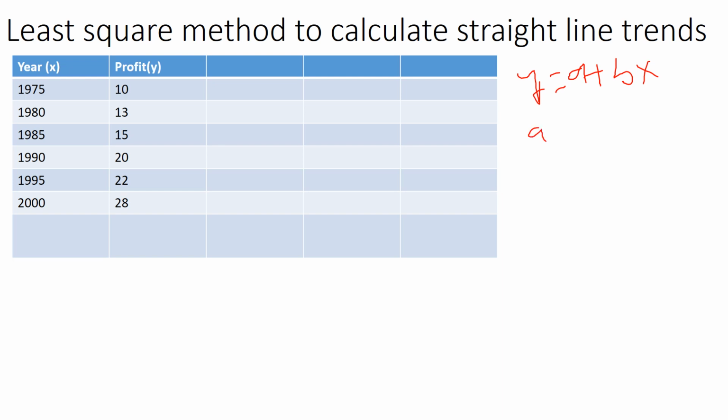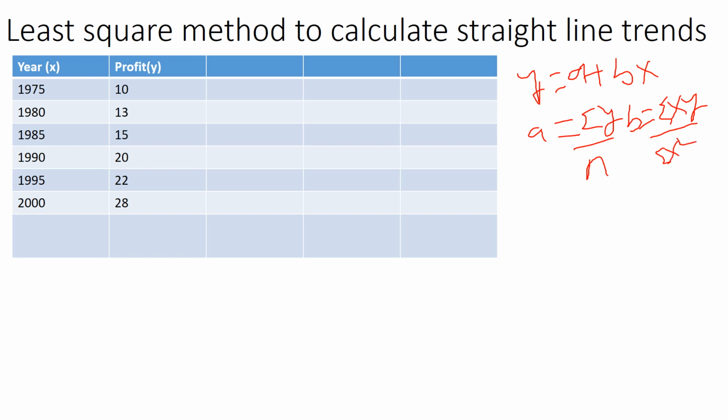We know that a will be given by the summation of y divided by n, and then we know that b will be equivalent to the summation of xy divided by the summation of x squared.